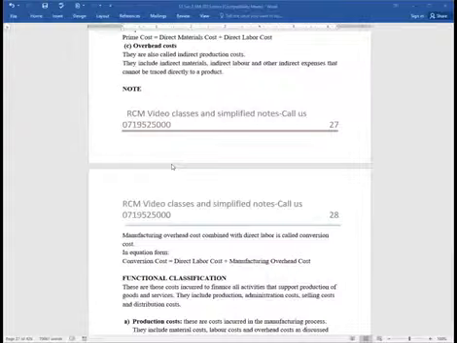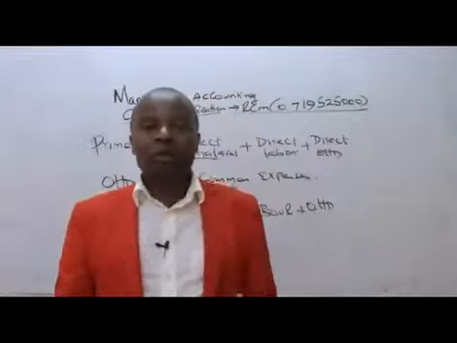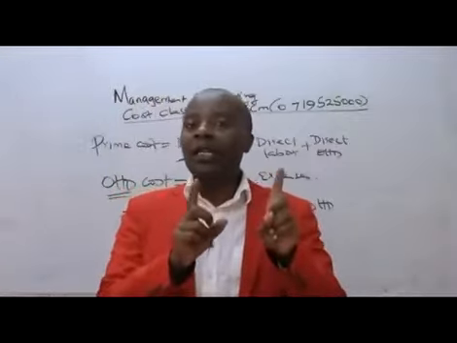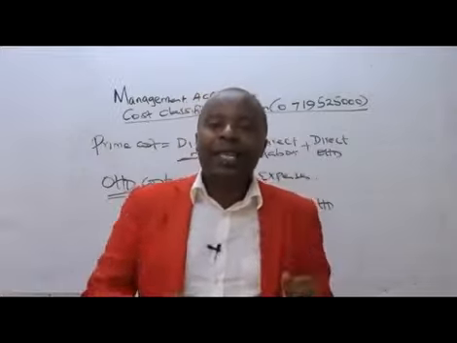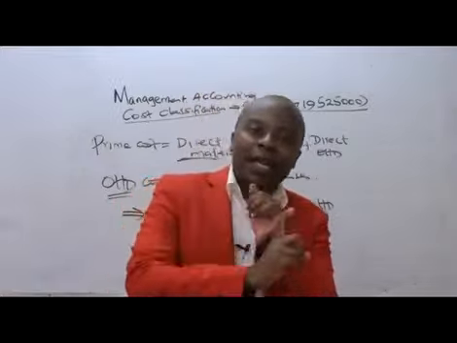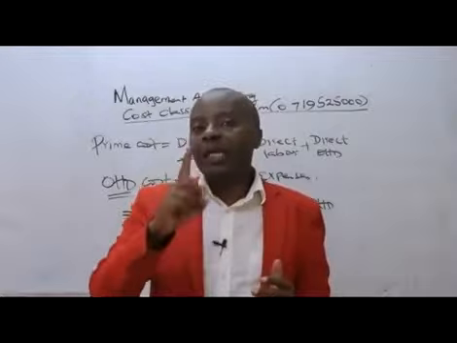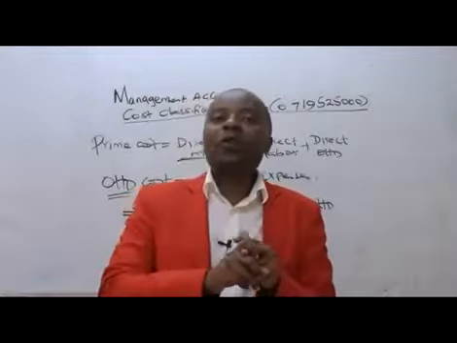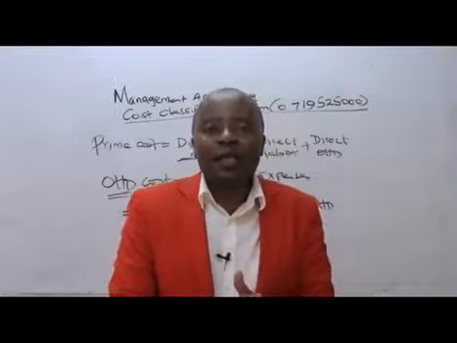We want to put this clearly again in a way that all of us should be able to understand. Manufacturing costs are those costs, ladies and gentlemen, that are directly attributable to the units that we produce. And mostly, they are the direct labor and what else? The direct materials.